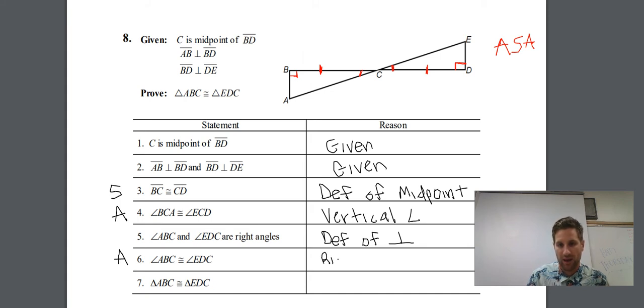If you can't remember the name, you can literally just write right angles are congruent, if you can spell the word like I can. I don't know why my pen's getting all messed up. Okay, and then last but not least, we know these two triangles are congruent. Why?